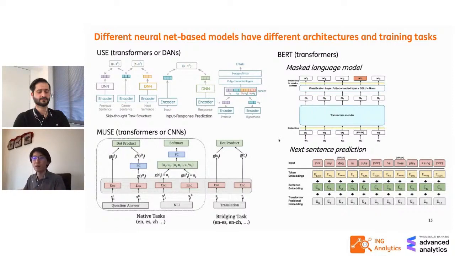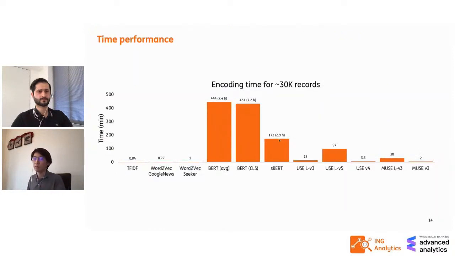So with this in mind, the first thing we want to do is use this diversity of different models to first evaluate the time performance. As an experiment, we timed how long it would take for a variety of different algorithms to encode about 30,000 records. You can see here, for example, that very simple algorithms such as TF-IDF are almost instantaneous in terms of encoding time. But what is most striking is that if you look at the BERT models or BERT-based models, the time performance is really slow.